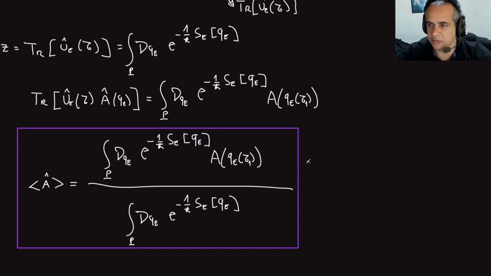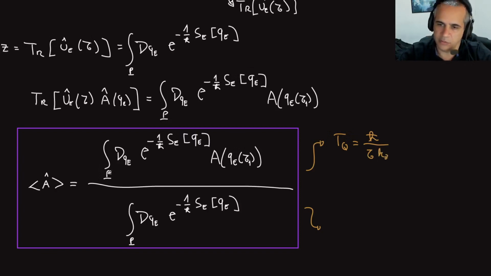And just to remind ourselves, I can think of this expectation value of the operator in terms of two systems. I can think of it as a quantum system in contact with a thermal bath, so it's a quantum particle with this action in contact with a thermal bath at temperature h bar over tau times the Boltzmann constant, right?